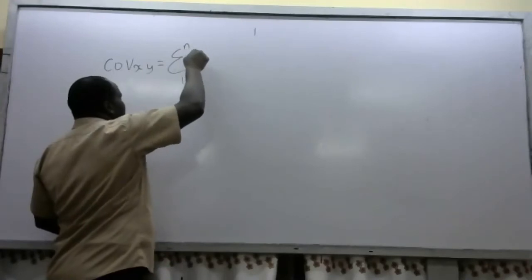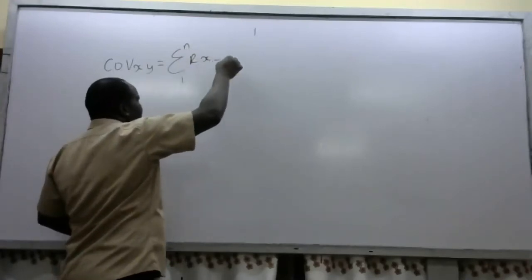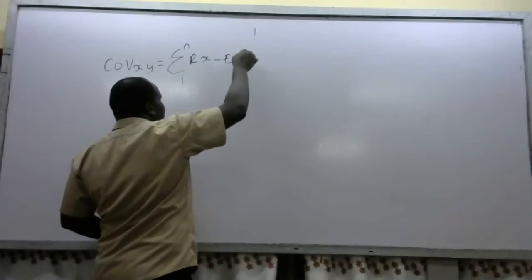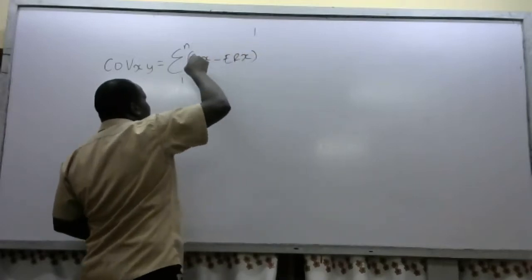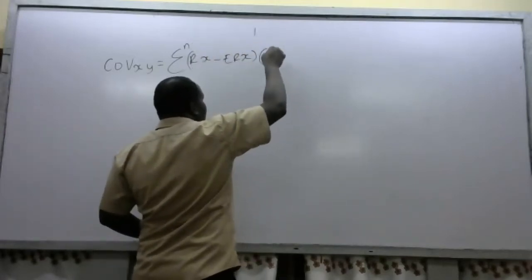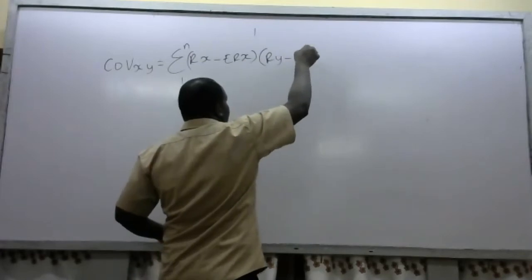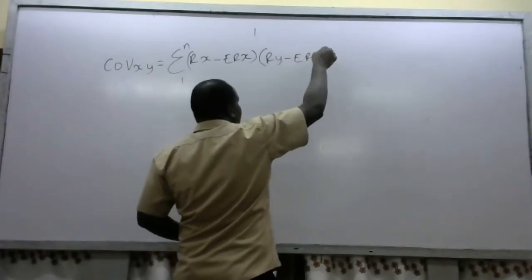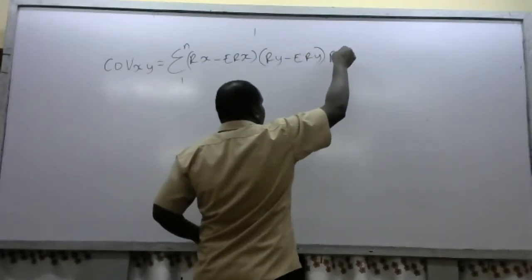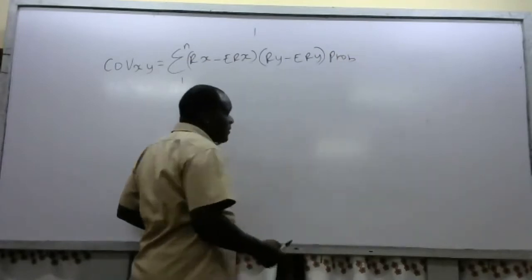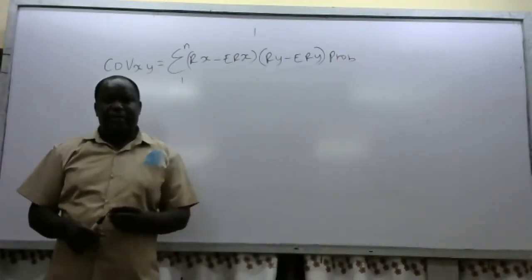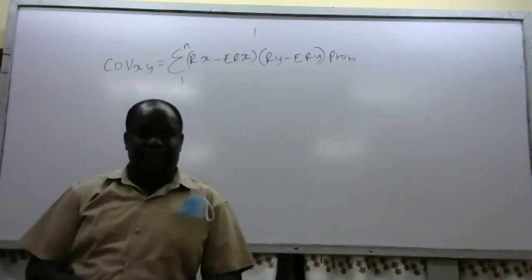So you simply take the returns of X minus expected return for X, then return for Y minus expected return for Y. Then you will be multiplying by the probabilities in that manner.